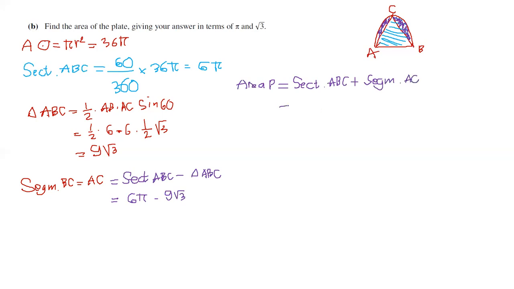It becomes 6 pi plus 6 pi minus 9 square root 3, which becomes 12 pi minus 9 square root 3. This one is the solution.